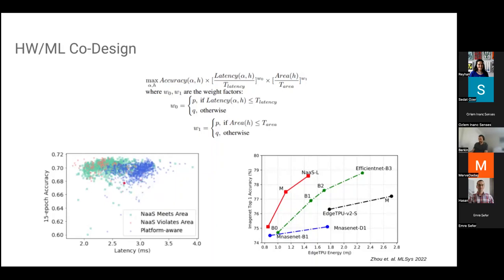I just wanted to focus on this chart. NAS is our work's name, and the greenish dot is the result where it meets the area constraint.